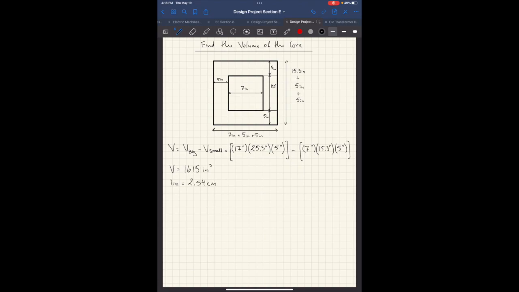So to convert it, let's put a little arrow. When you convert it, you should get that the volume is 26465.1 centimeters cubed.